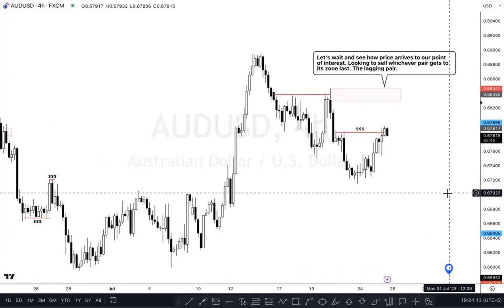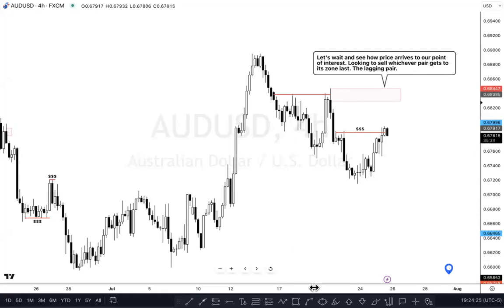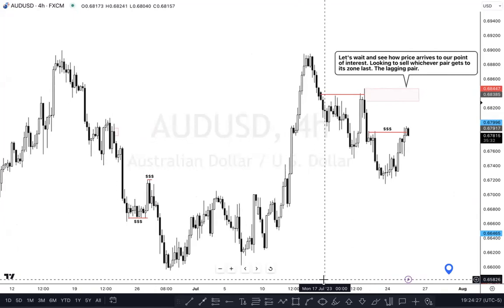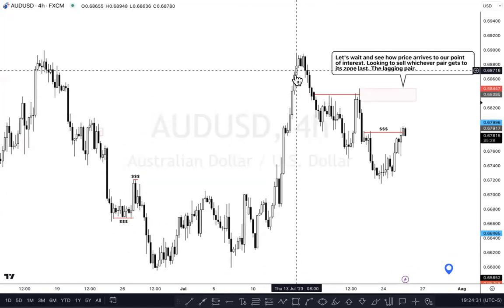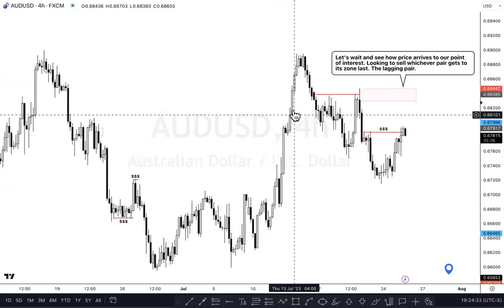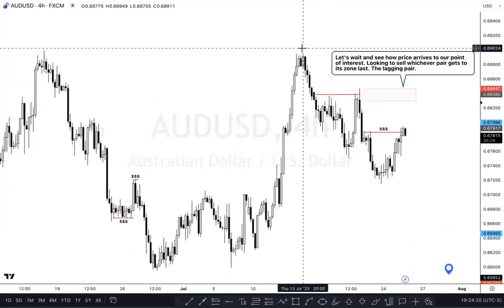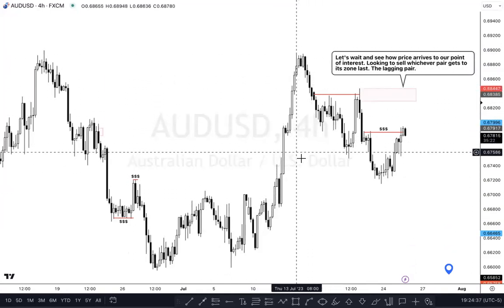Usually a good 4-hour chart will show you 2 to 3 months worth of information, and you get to understand what's the overall vibe of the market. You know, is it bullish? Is it bearish? And what we're seeing here as we look at AUD USD, we had a pretty aggressive bull run here in mid-July, but the truth is it just didn't really hold it down.